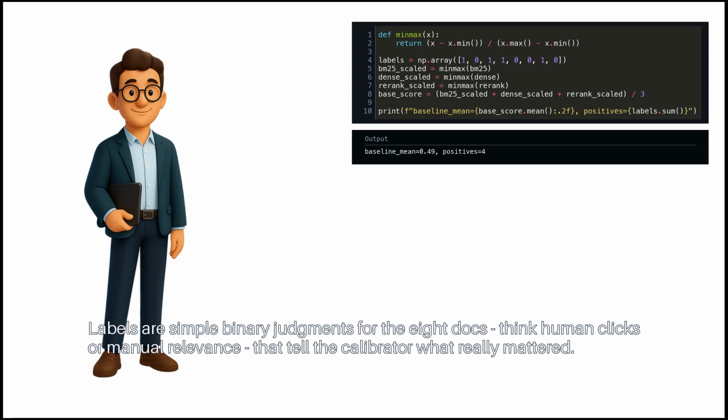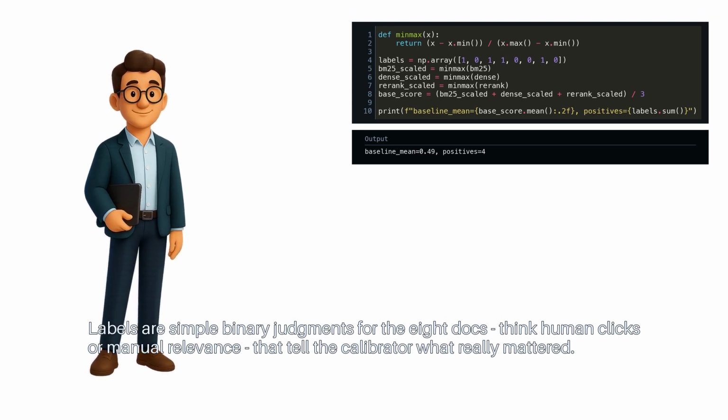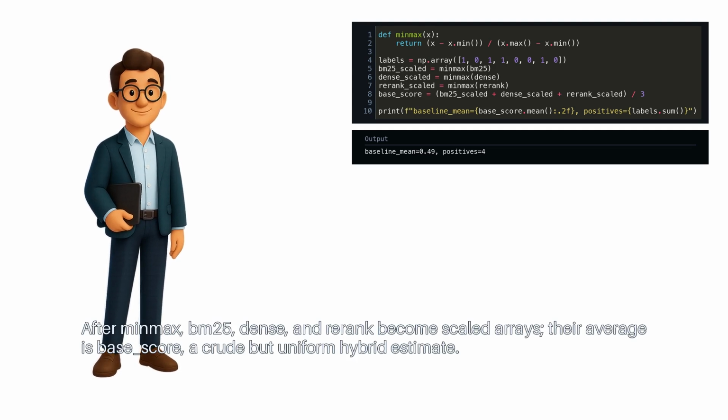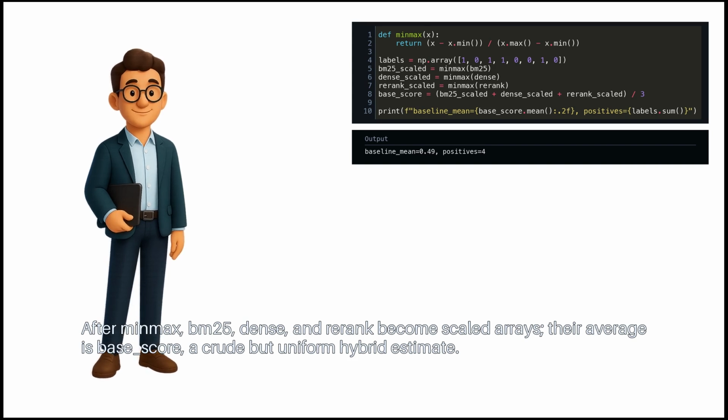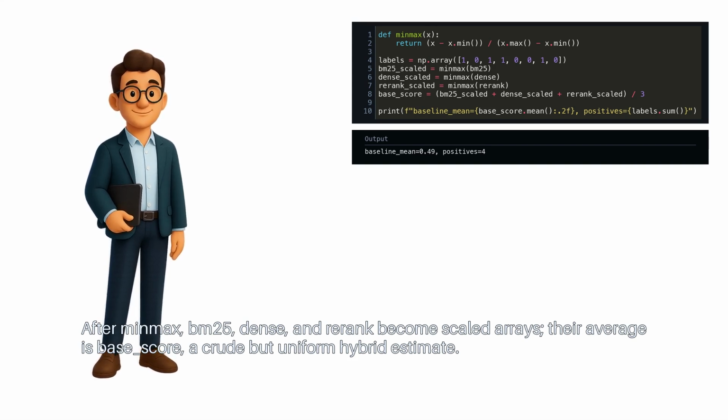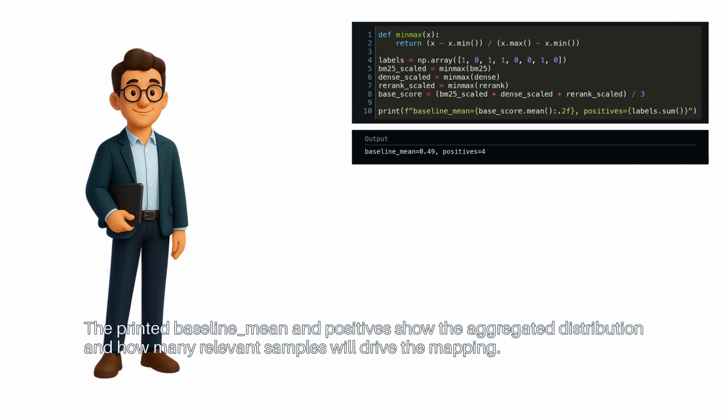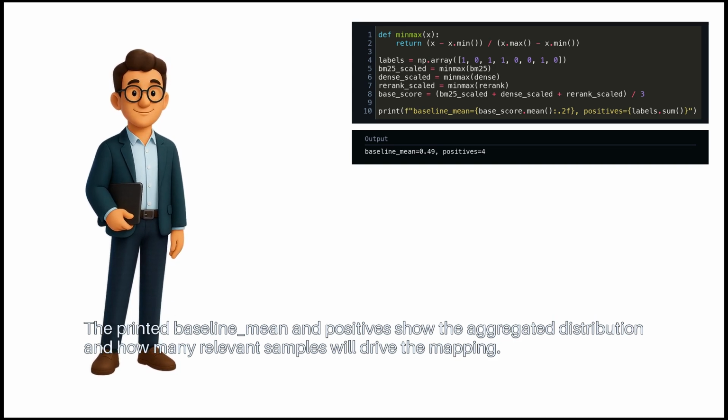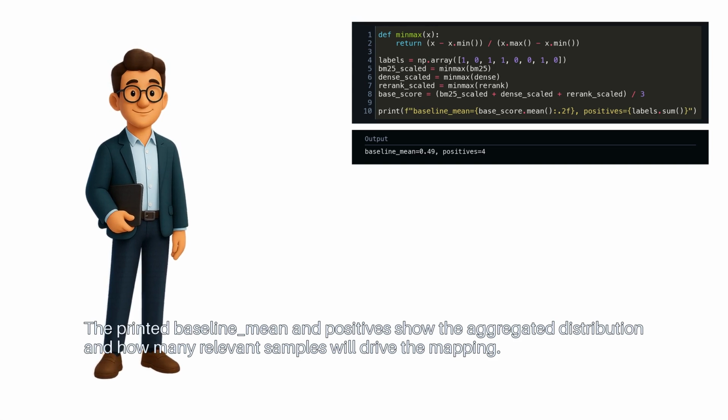Think human clicks or manual relevance that tell the calibrator what really mattered. After min-max, BM25, dense, and rerank become scaled arrays. Their average is base score, a crude but uniform hybrid estimate. The printed baseline mean and positives show the aggregated distribution and how many relevant samples will drive the mapping.